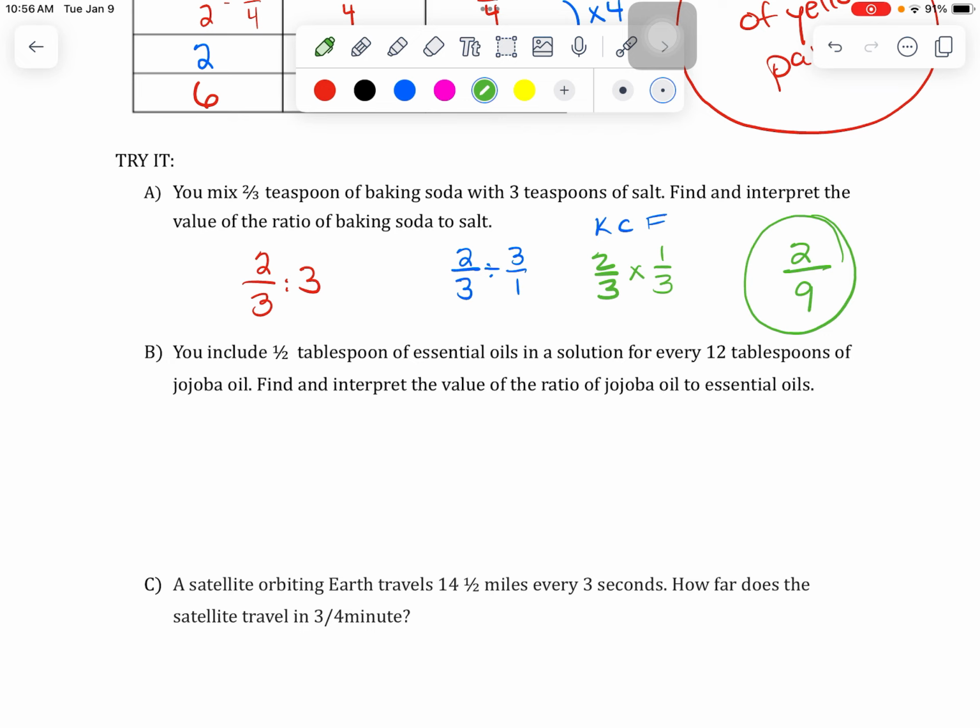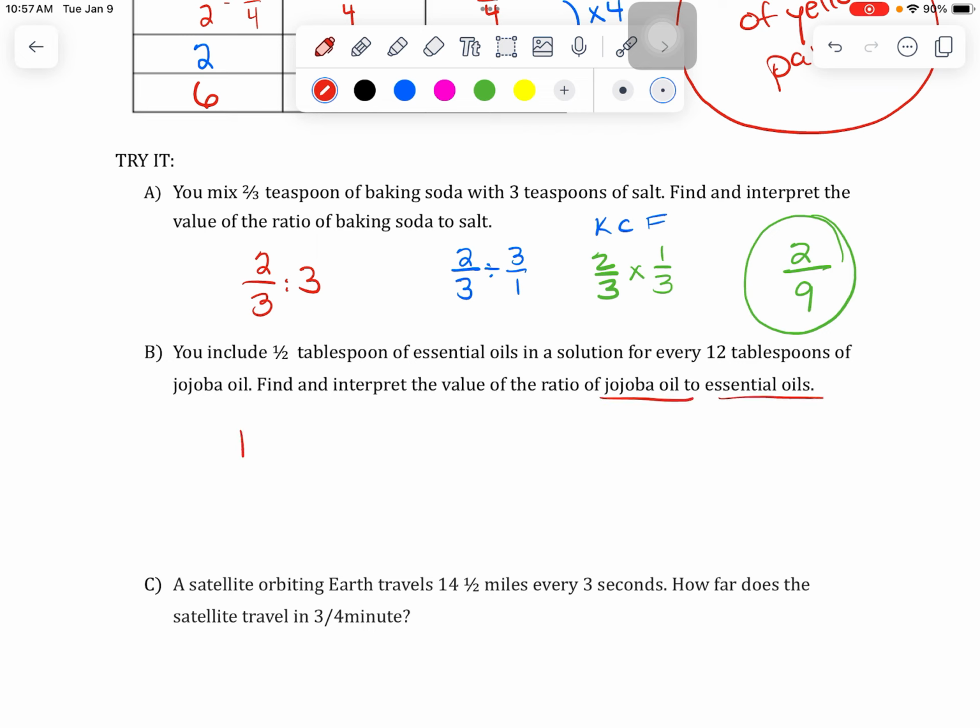For problem B, it said that we have half a teaspoon of essential oils for every 12 tablespoons of jojoba oil. Find and interpret the value. So here, we're doing the same thing. This time they said to use the jojoba oil to essential oils.